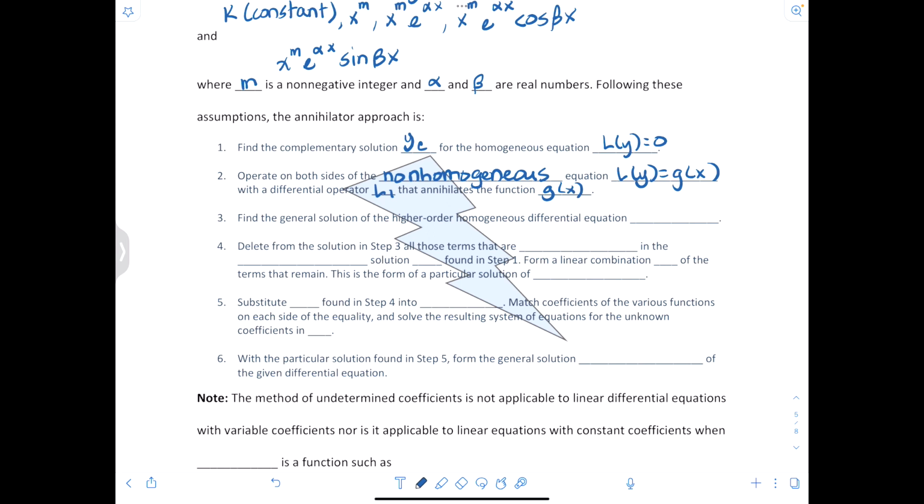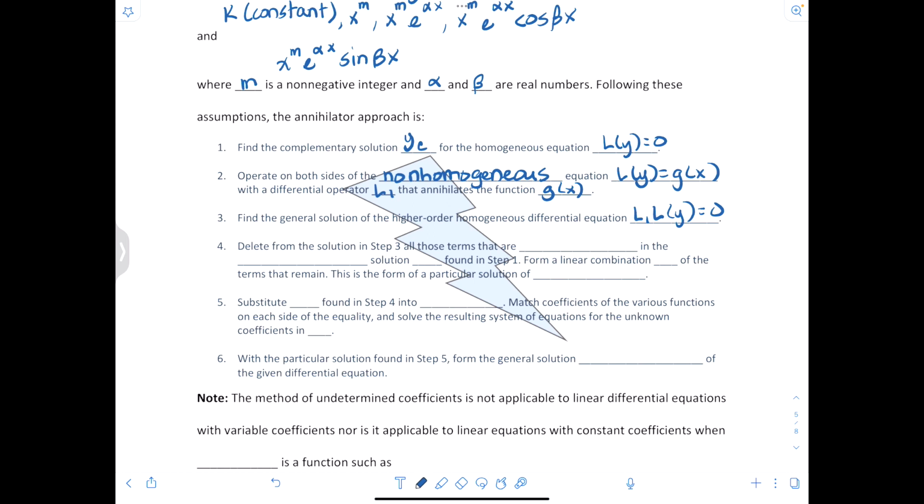Find the general solution of the higher order homogeneous differential equation L1 times L at y equals 0. 4.